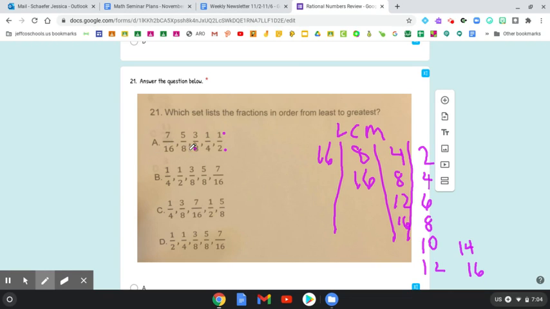If I don't want to do it that way, then I could go through and I could draw pictures of these things, making sure that the bars that I'm drawing, this is hard for me to do with a mouse, but that the bars that I'm drawing are all the same size bars to begin with. Here's 1/2, and I would do my shaded parts, and then I would move to the next one.